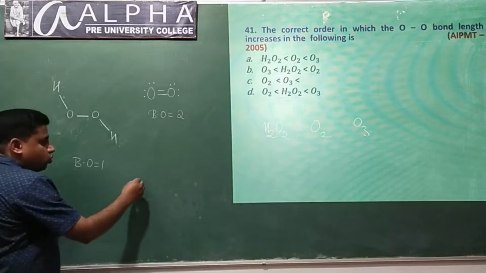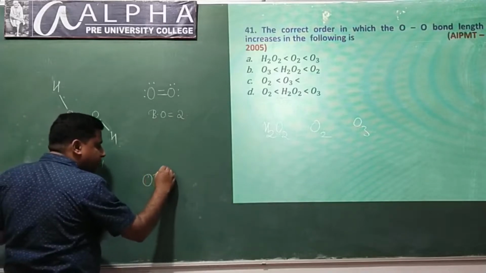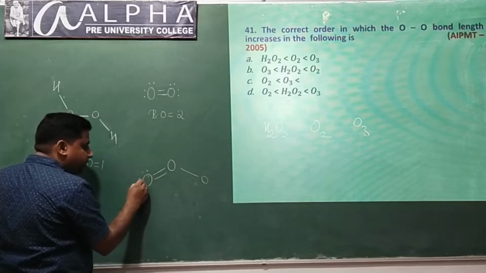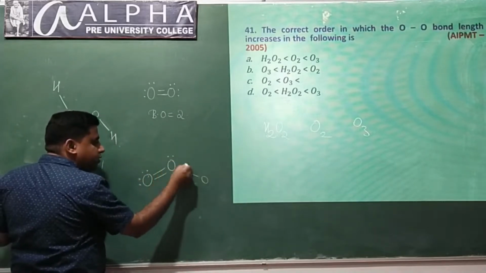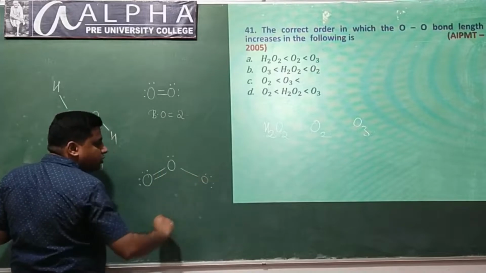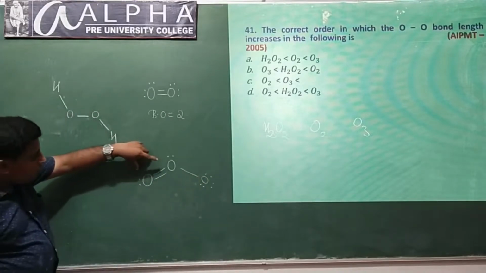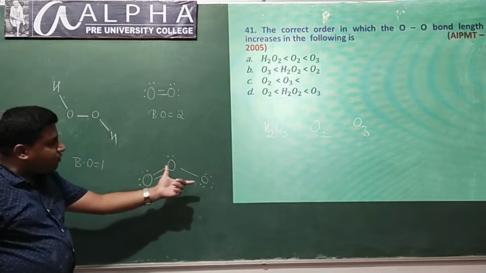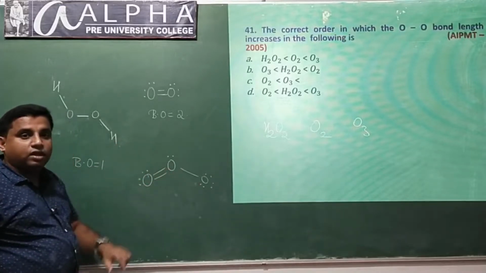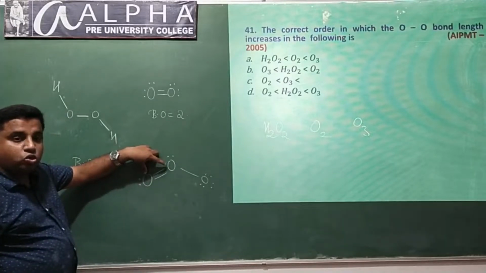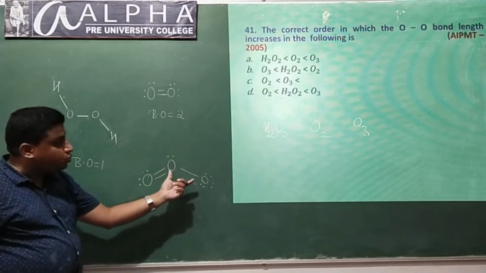Whereas for ozone, what is the structure of ozone? O3. Yes, this is how we write ozone, isn't it? Look here, between two oxygen atoms there is a double bond, and between these two oxygen atoms there is a single bond. Therefore, do you say that the bond order of these two oxygen is 2 and the bond order of these two oxygen is 1?